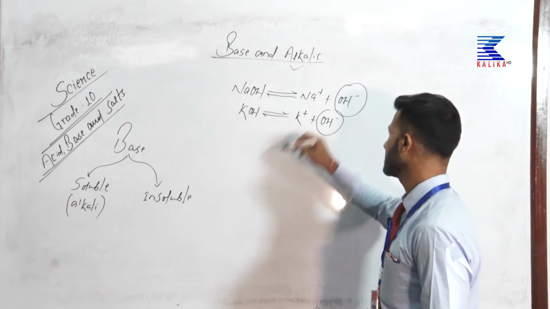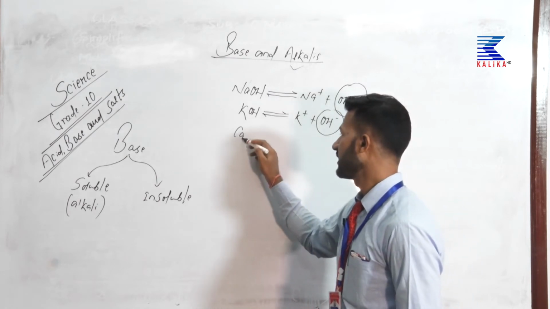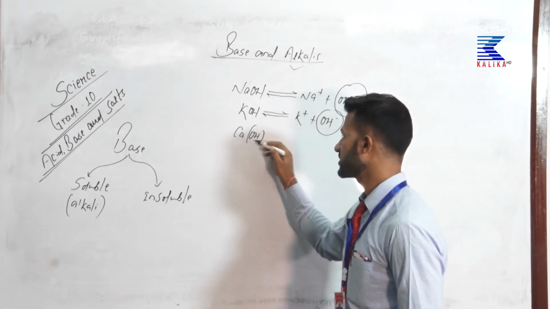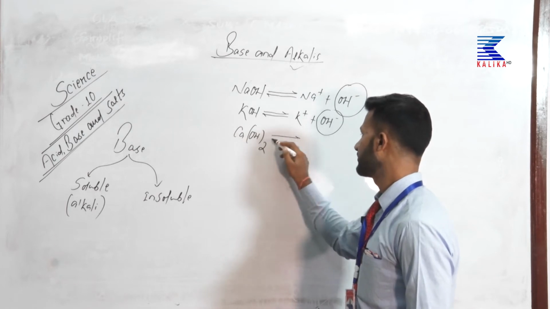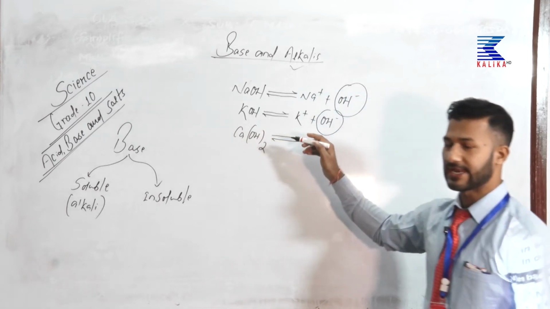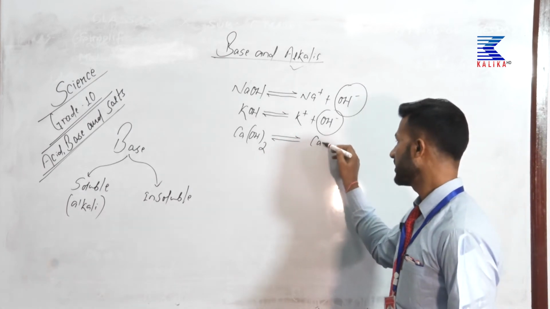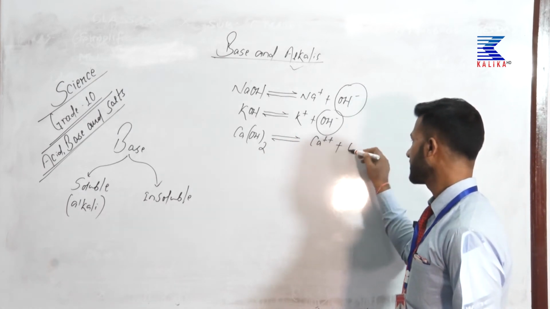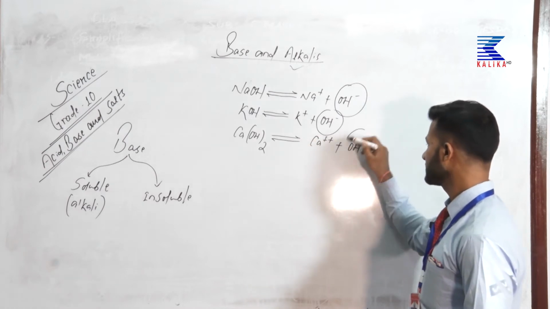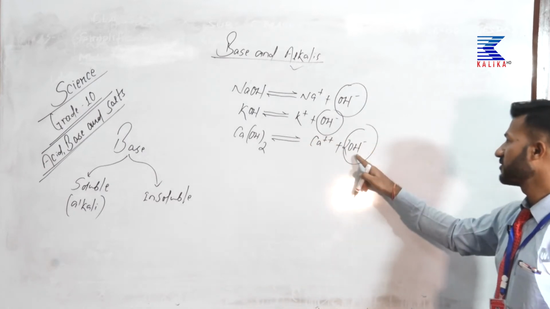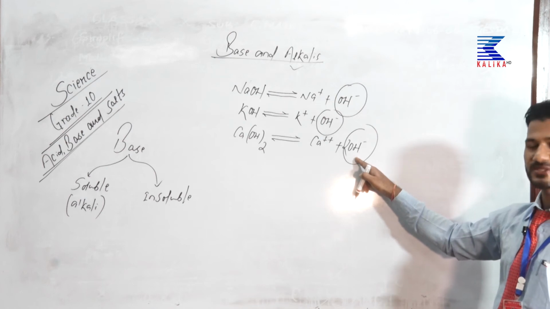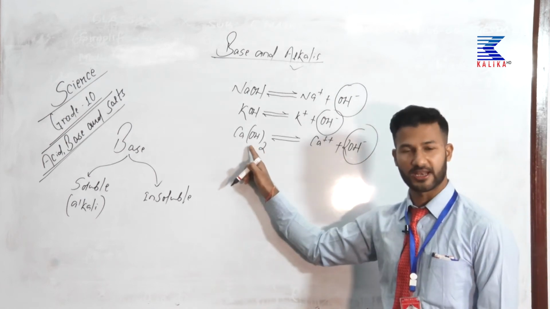Here also you can see hydroxide ion. Likewise, one more example, lime water. It is also called slaked lime, and the chemical name of it is calcium hydroxide. When it dissolves in water, it breaks down into two opposite ions and forms hydroxide ion. That is why it is also called alkali.